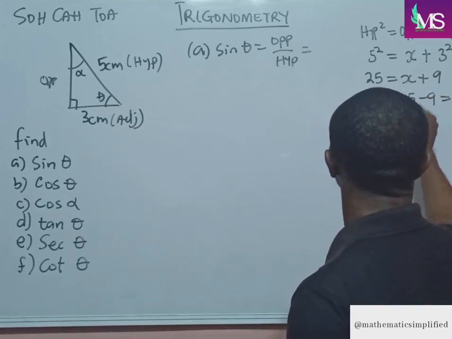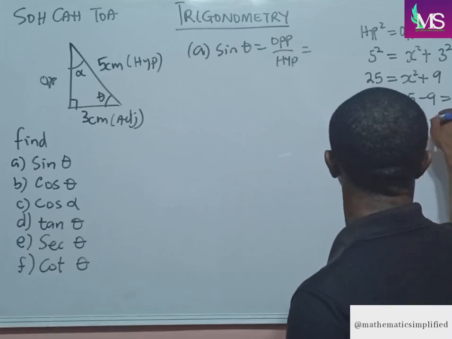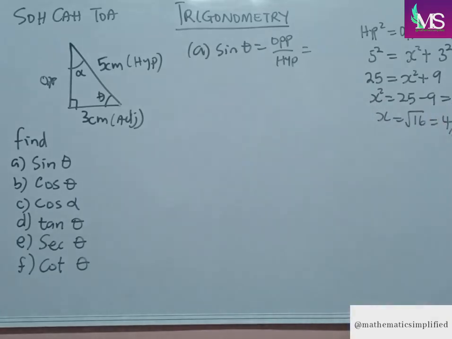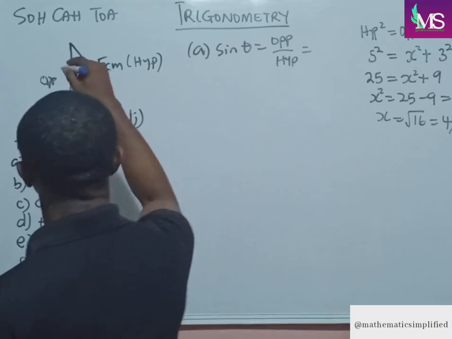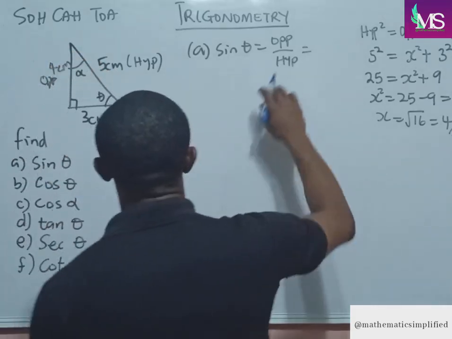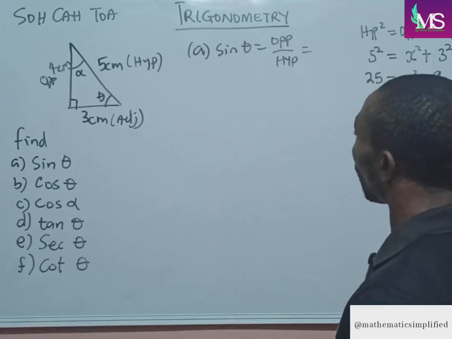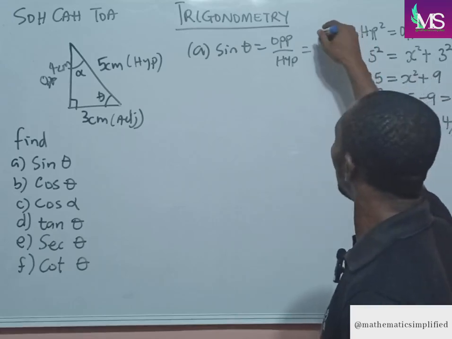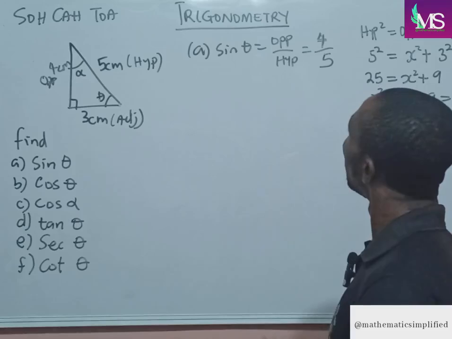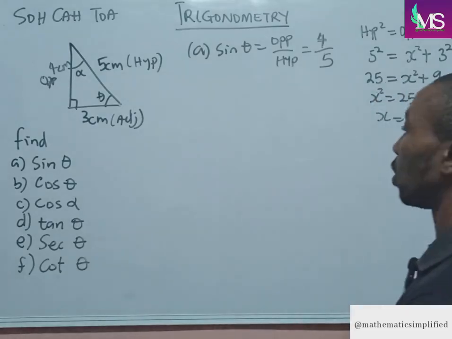So x is the root of 16, which gives us 4. Knowing that x is 4, our opposite is 4 cm. Now we can answer this question comfortably. Our opposite is 4 and hypotenuse is 5, so this becomes 4 over 5.